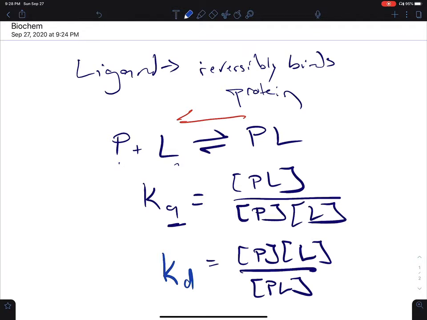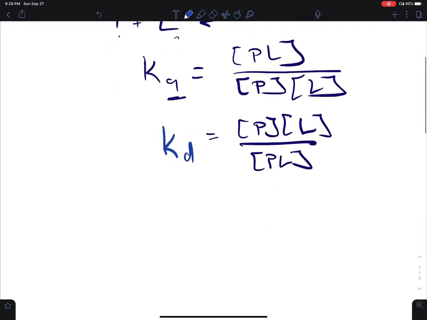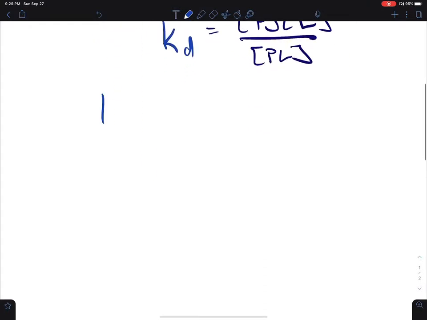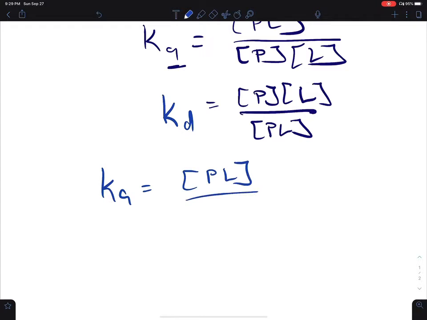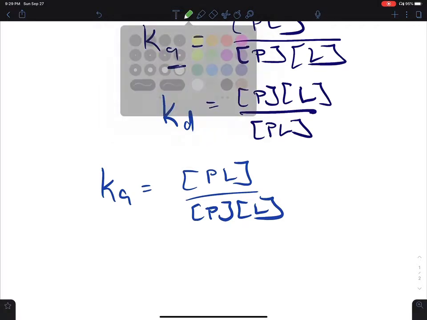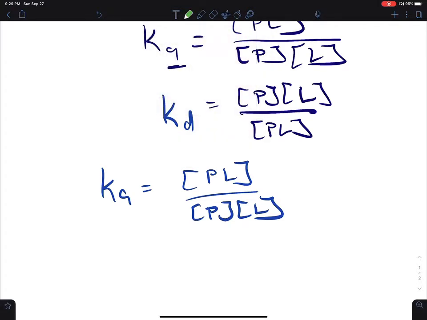Looking at this Ka real quick, one of the things that we can do, and we'll see why in a little bit: Ka is equal to, what did we say it was? PL over P times L. And so one of the things we can do is simply solve for PL. We'll see why a little bit later, but just to do our basic algebra here, and this is what I learned in sixth grade, so I'll do it here.